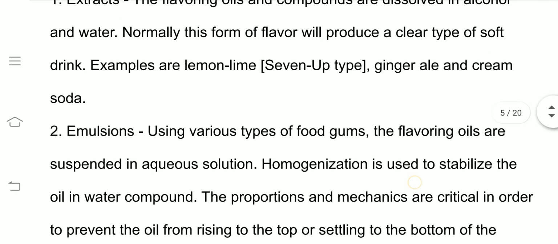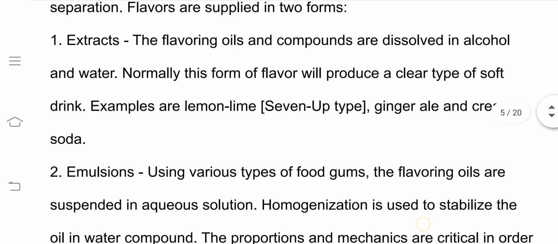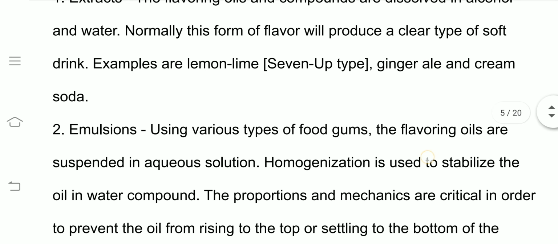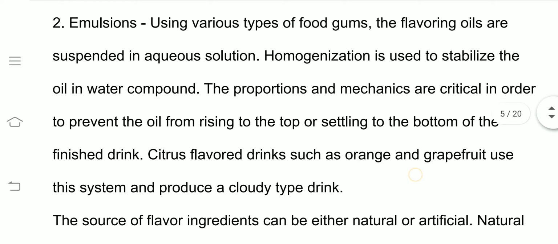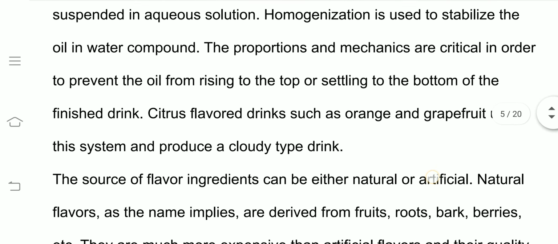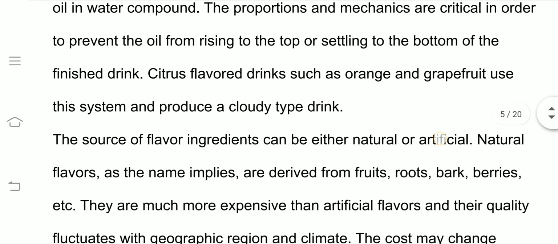So, first, extracts, which are already homogenized and make a homogeneous mixture with water, and second, emulsions, which need homogenization to be stabilized in the drink.